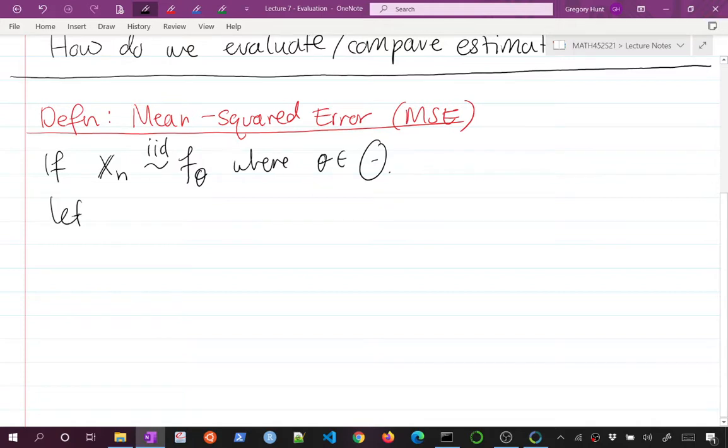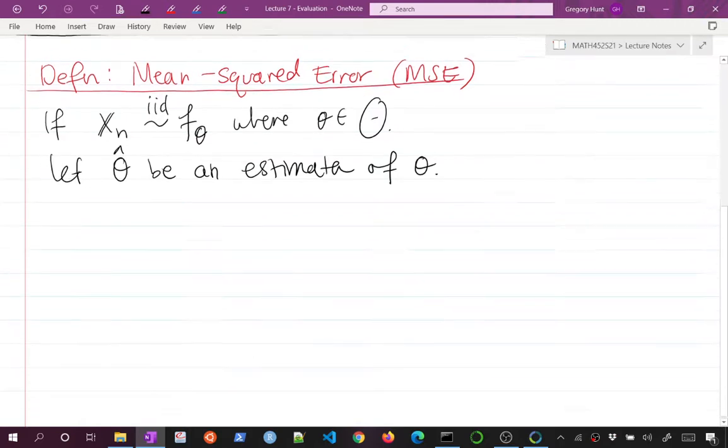And we're going to let theta hat be an estimator of theta. We haven't told you exactly how we've constructed this. Could be method of moments, could be maximum likelihood. There'll be some other techniques we can learn in this course.